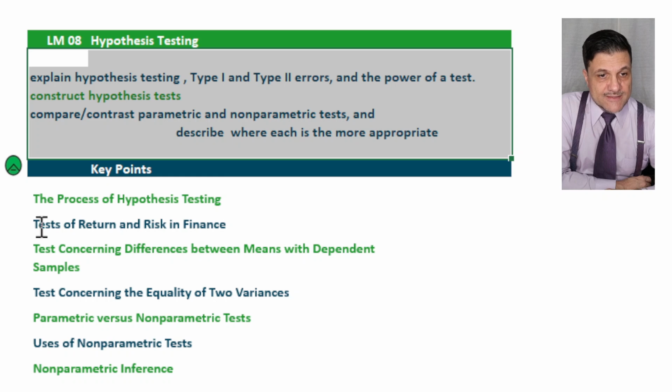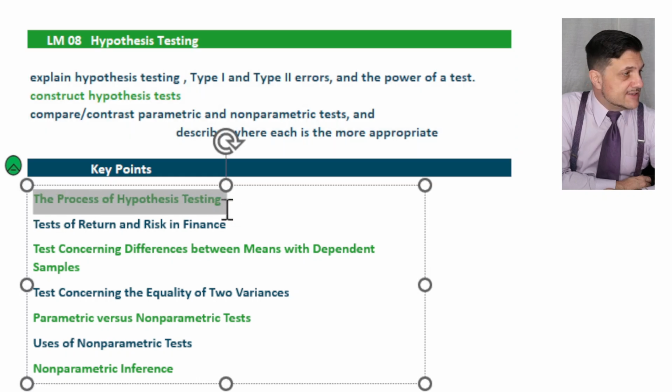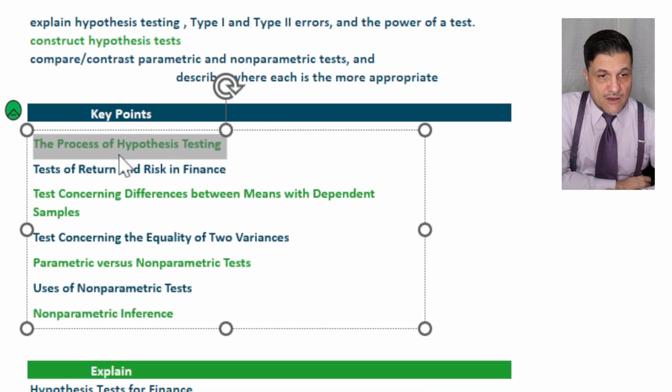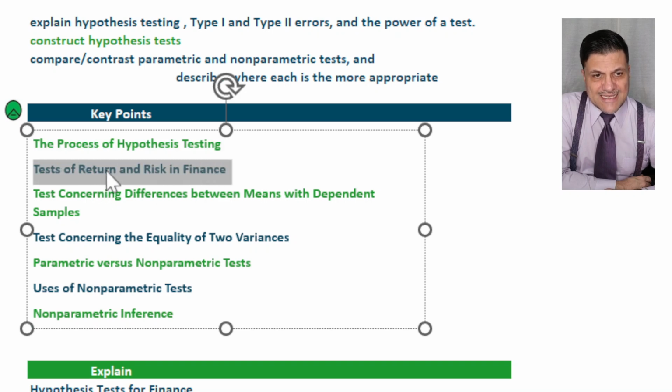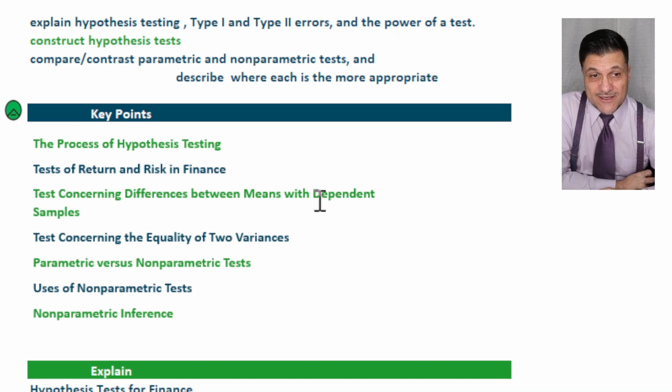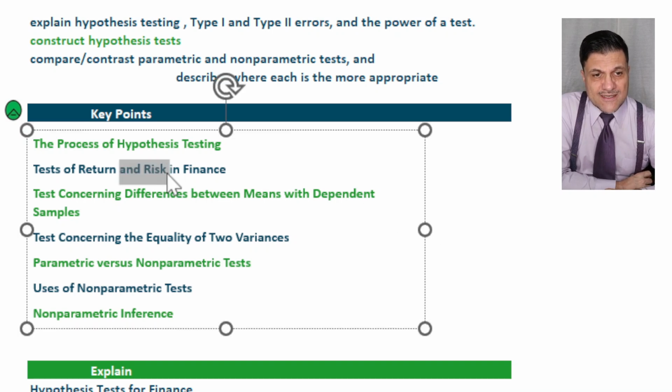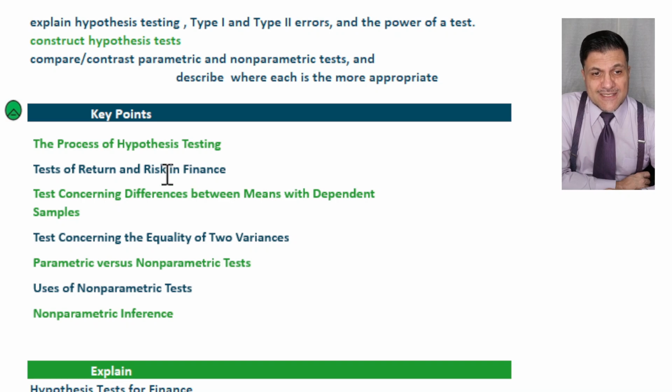Key points, right? The process of the hypothesis testing, test of risk and return in finance. I gave you more examples on the test of return, test of the expected return. When you talk about risk, we're talking about variances, okay? So the test of risk could be applicable to the F or chi-square, more like a chi-square test.